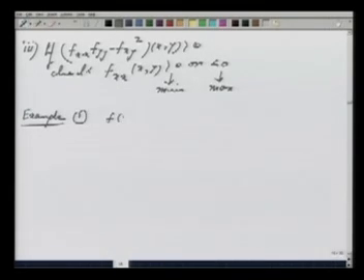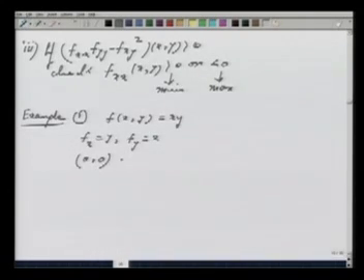Suppose f of xy equal to xy. So first I have to search for critical points. So fx is y, fy is x. So what are the points where both fx and fy are 0? The only solution is the point 0, 0.